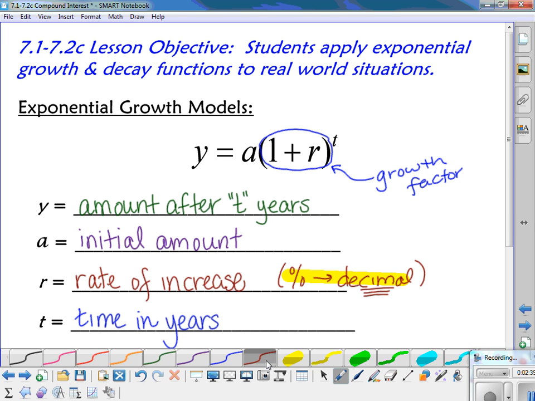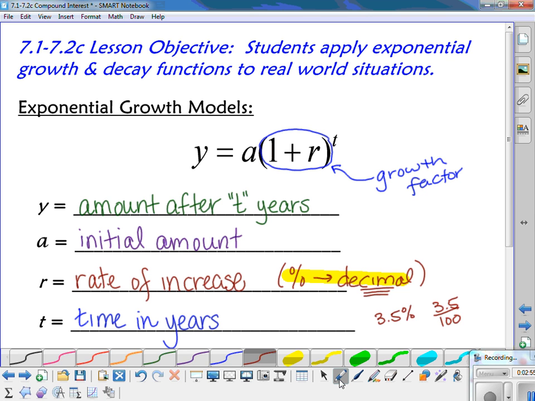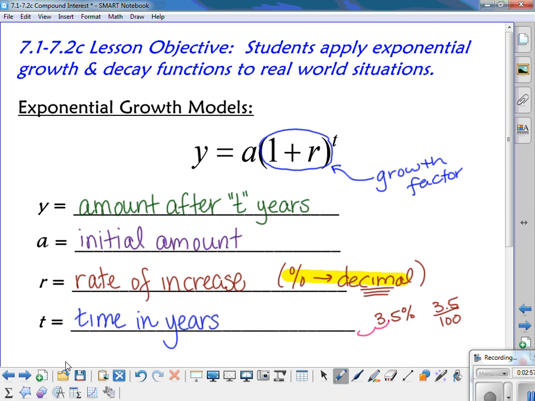If you think about it, the word percent just means per 100. So if I have 3.5%, that means I've got 3.5 per 100, or divided by 100. So to convert it, you just move the decimal over 2 places. I'm sure most of you already knew that, but it's really important that you don't forget to change your percent into a decimal.